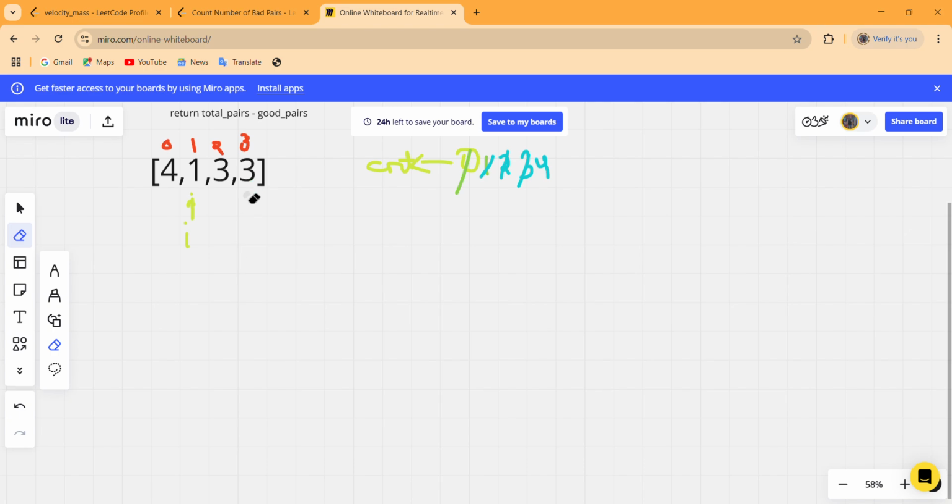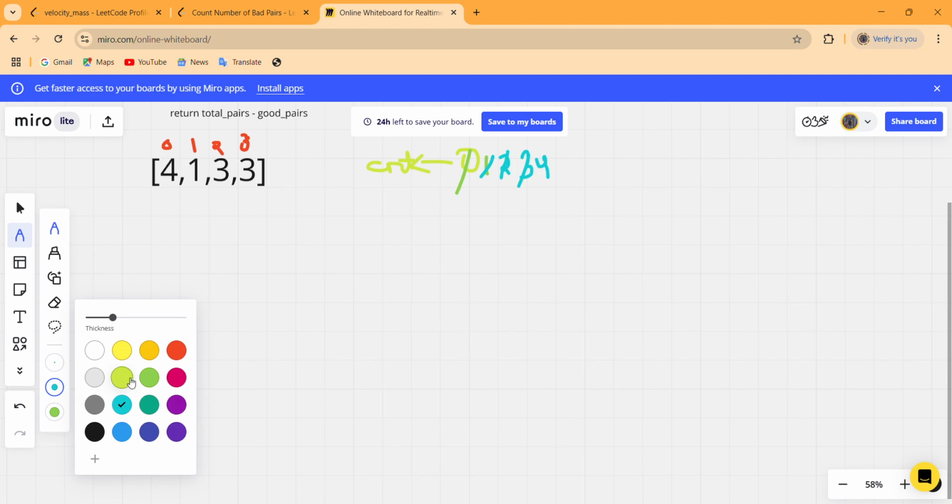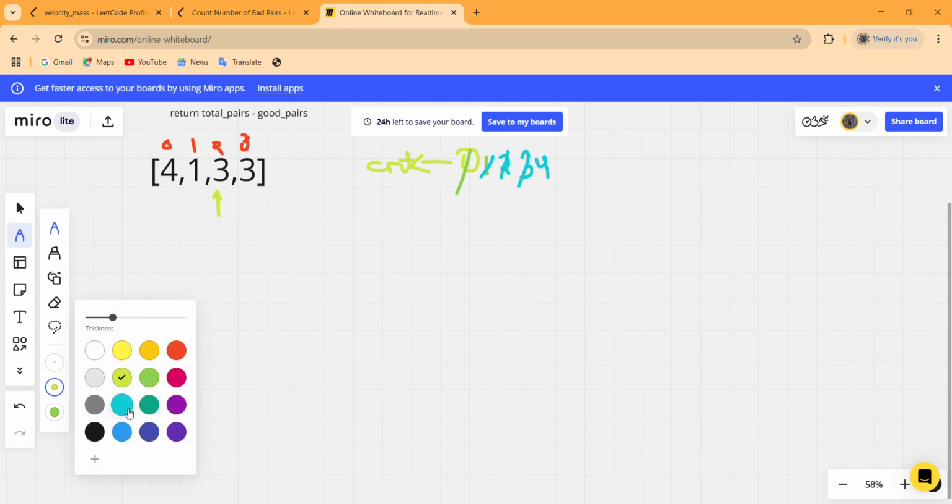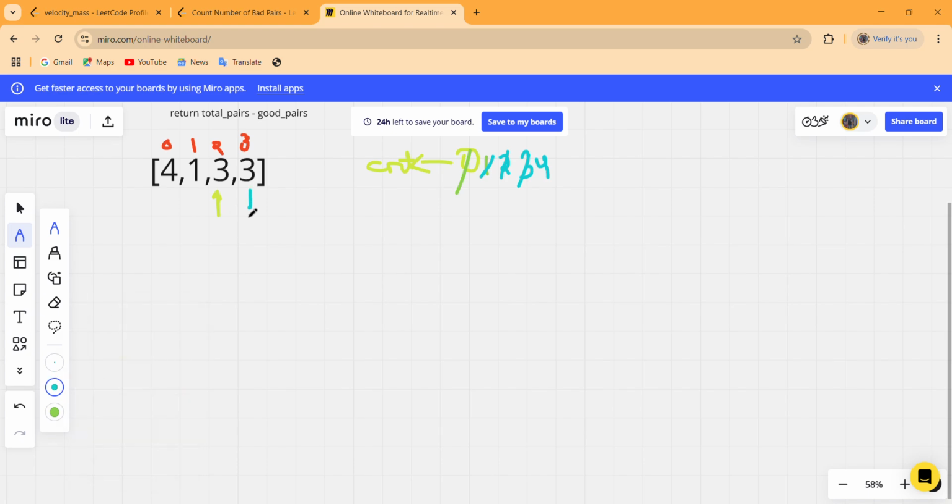So our i is incremented, and now i points to the next index, that means here, and our j will start from its next position, here. This will check 3 minus 2, that means 1.